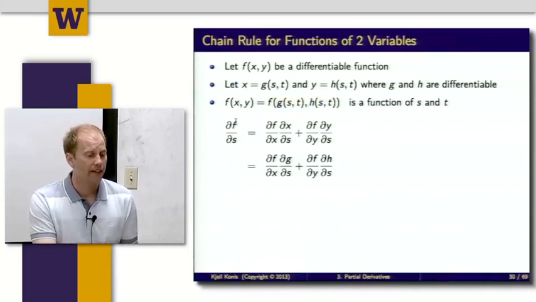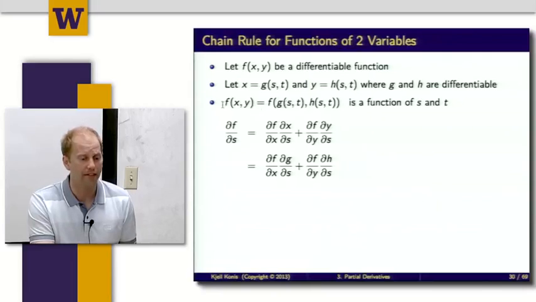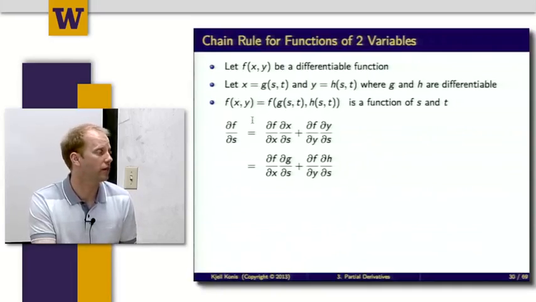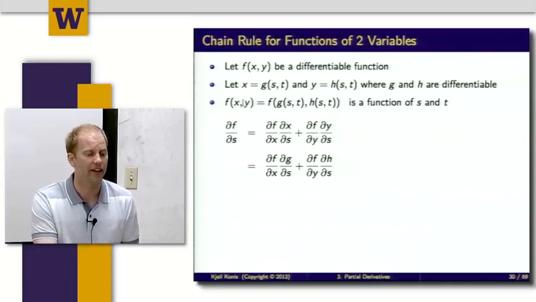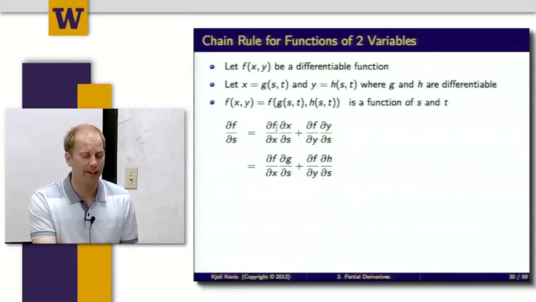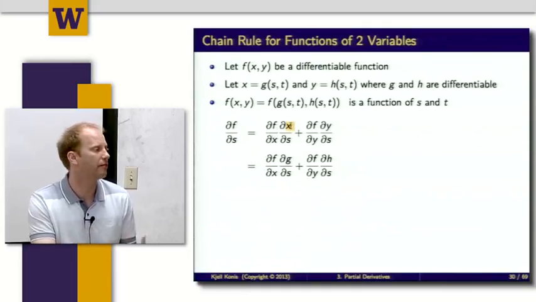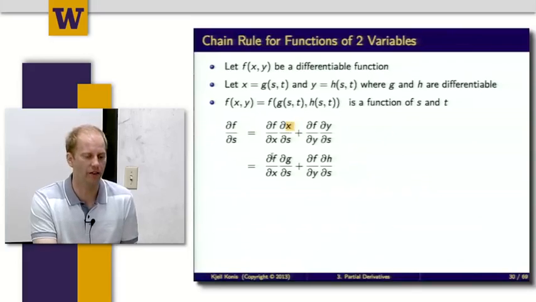And I can write the derivatives. Now, because f is again a function of two variables, I've just changed variables from x and y to s and t. I'm going to end up with two partials for f. So I'll have partial f, partial s. Both of these are equivalent, depending on whether you want to think of the name of the function that gives you x as x, or consider it g.